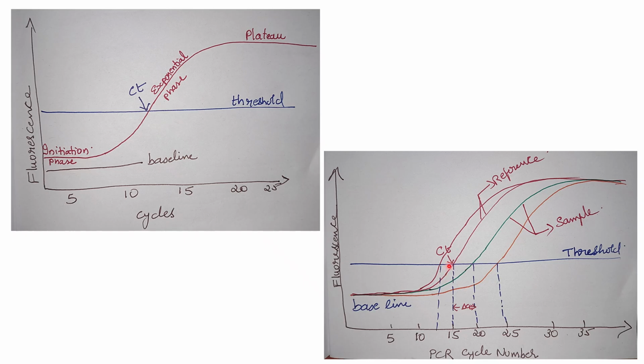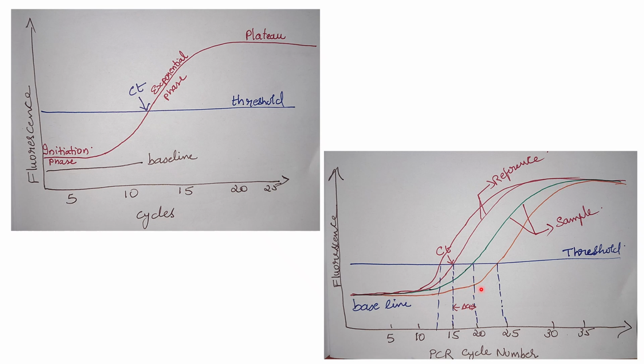So for that you use the control, and all scientific experiments require a control. So real-time PCR experiments also require a control. So to the person you are arguing with, you can say, see my standard values. The reference values are also showing the CT value at lower PCR cycles. So chances are that my sample is not contaminated, and that my RNA extraction is perfect.